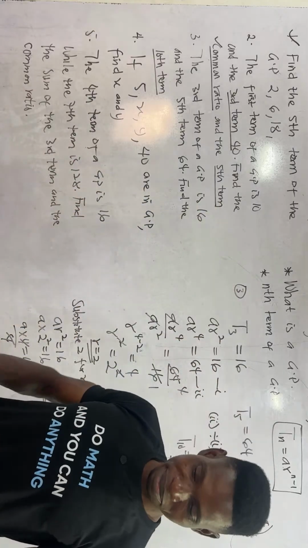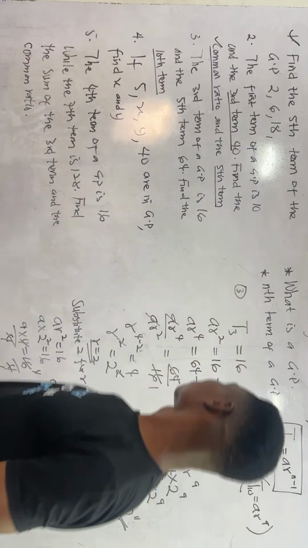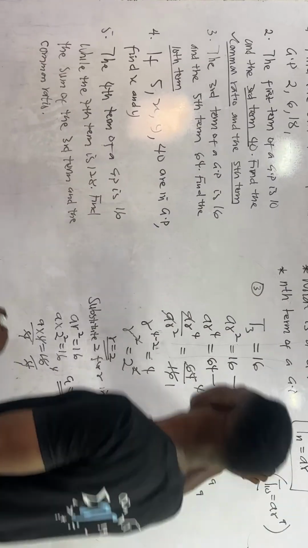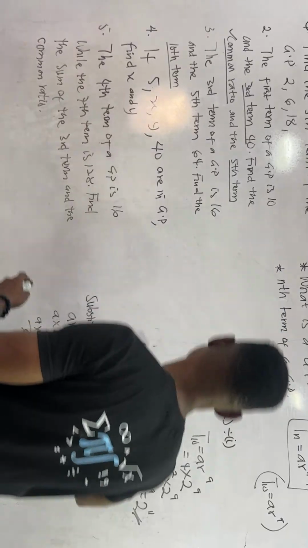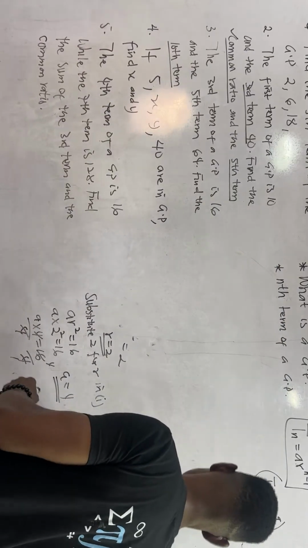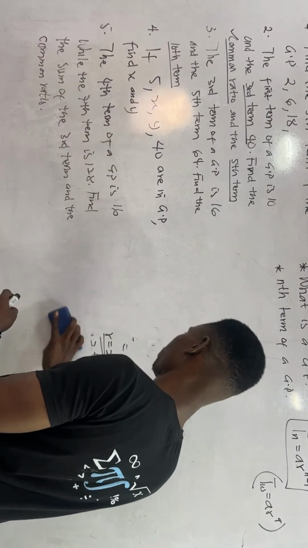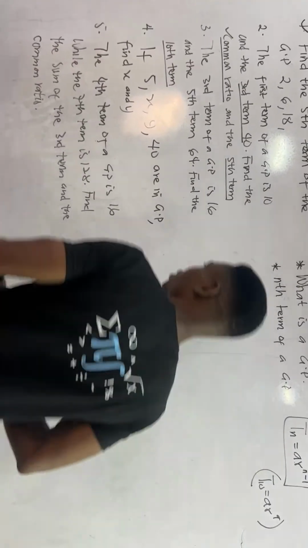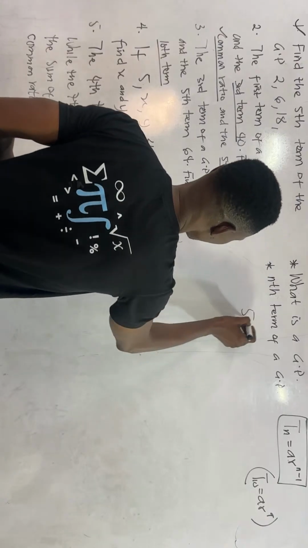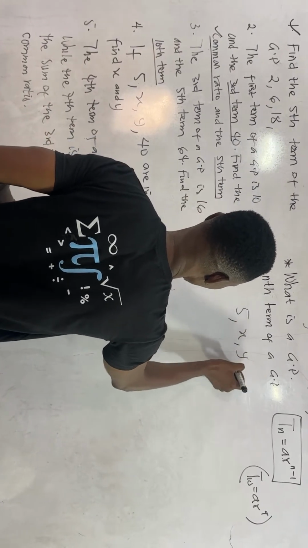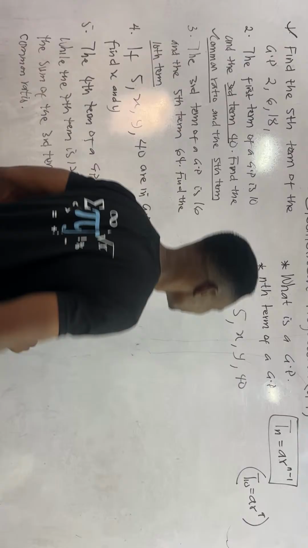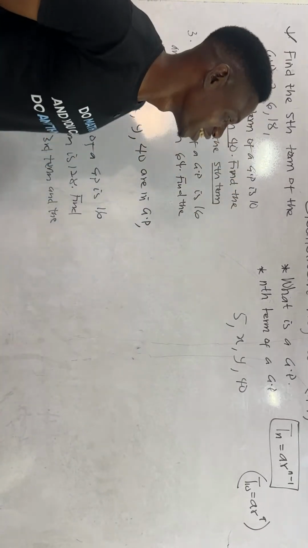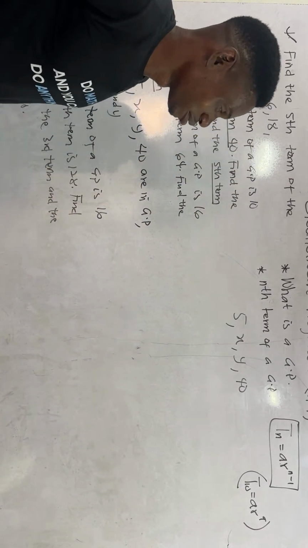So let's solve. Okay, so we'll have 5, x, y, 40. Now, nothing more.